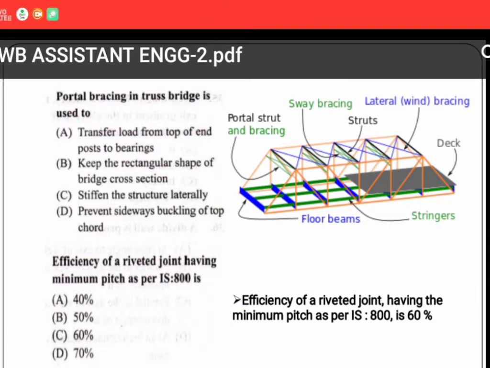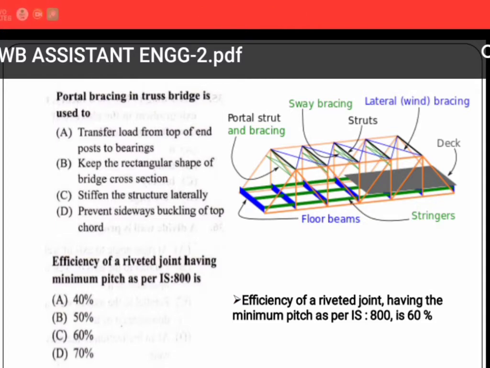As you can see in the right hand side diagram, this is the diagram of a truss bridge and different components of a truss bridge, and portal bracing helps to transfer load from top of end post to bearings. Okay. Now proceeding to the next question.